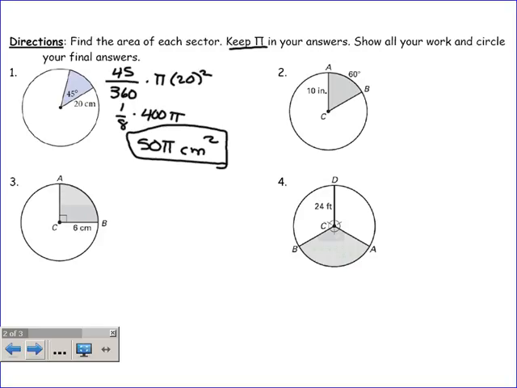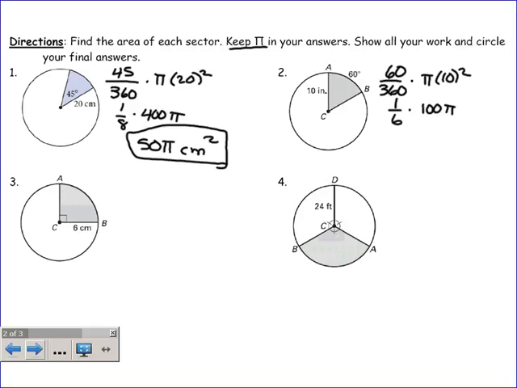Number 2, our circle fraction is 60 over 360 times pi r squared, so that'd be pi times 10 squared. 60 over 360 is 1/6 times 100 pi. So 1/6 of 100, I don't really know what that is. I guess it's 16.6. I guess I could just do it as a fraction.